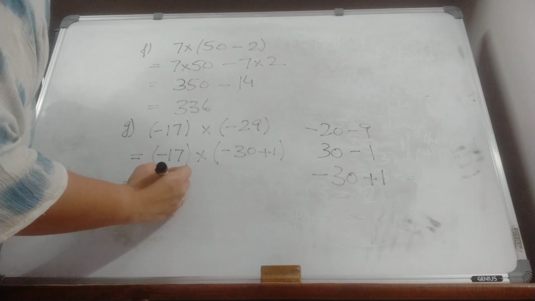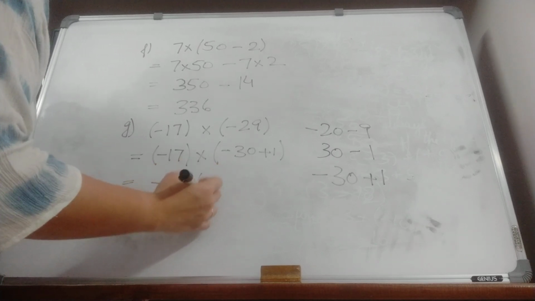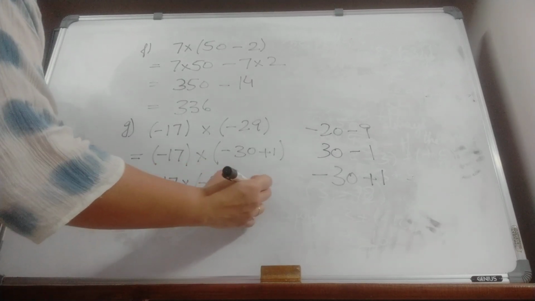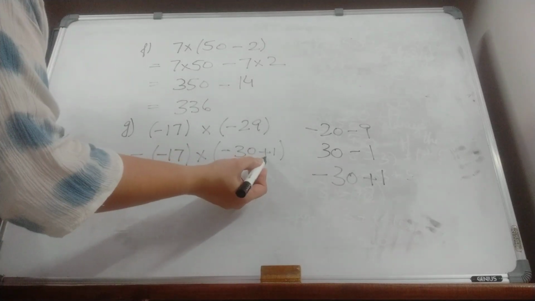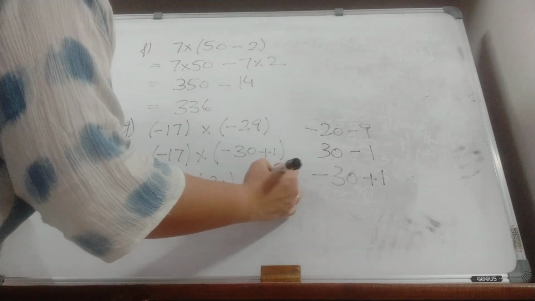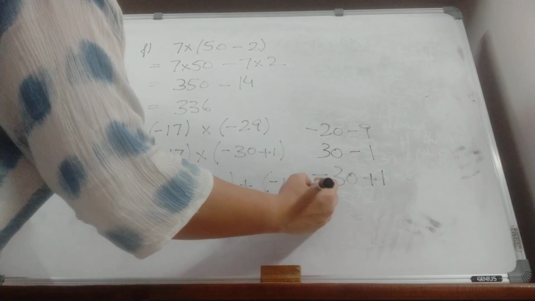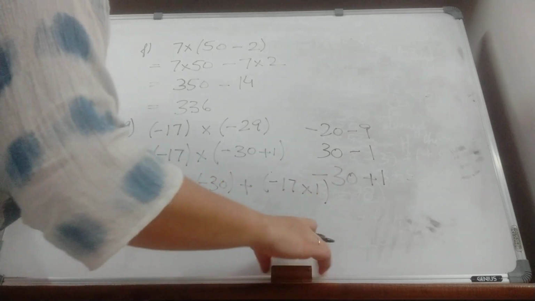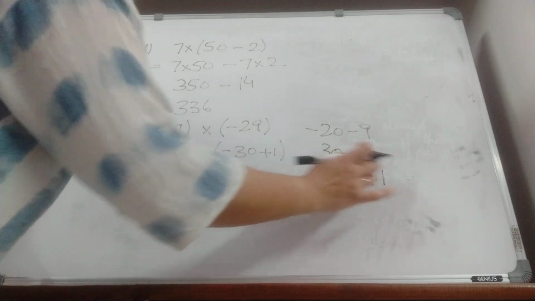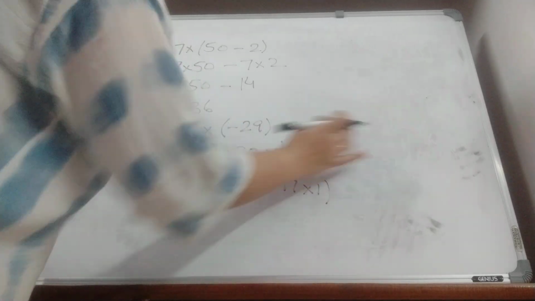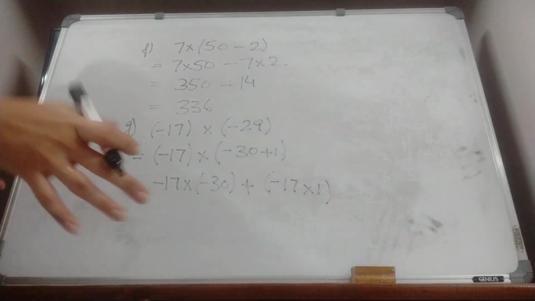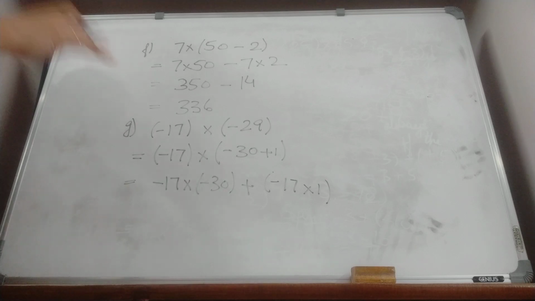So, which becomes minus 17 into minus 30, plus, because I have a plus here, minus 17 into 1. Please see what we are writing and why. You have to practice this a lot. I can give you a lot of extra questions from distributive property.